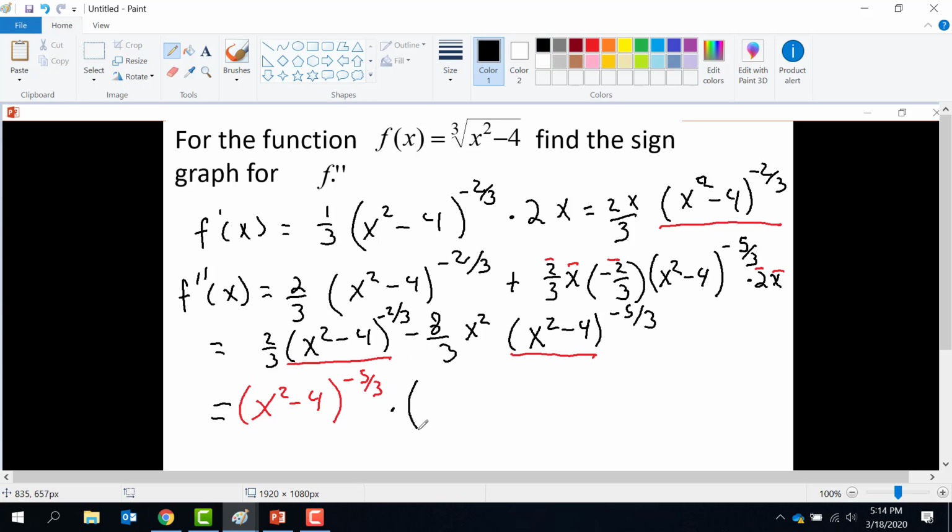So the way I like to factor things out is by asking myself, if I were to back distribute, what would need to be here so that I would end up with what I started with? And so then I could have taken out the 2/3 as well, so let me go ahead and do that.